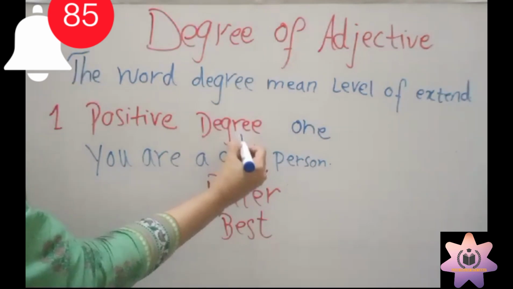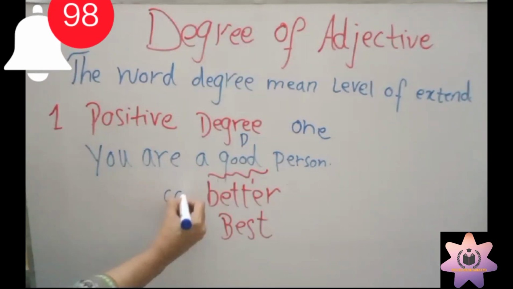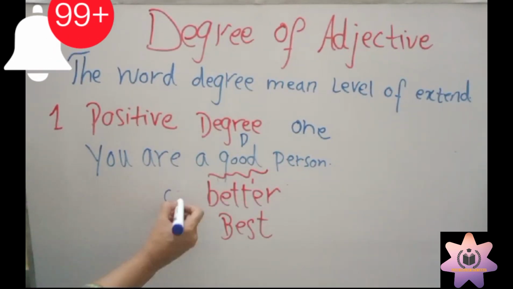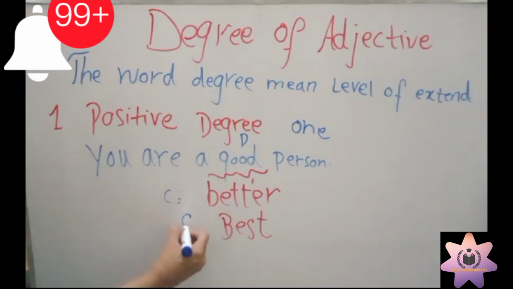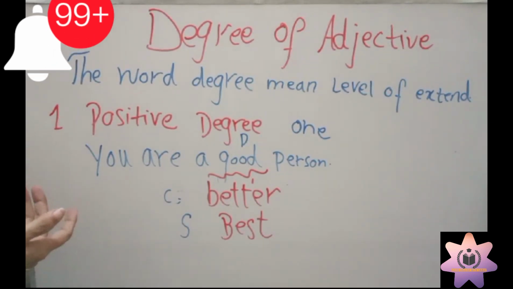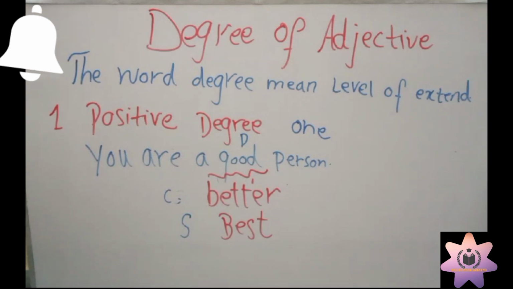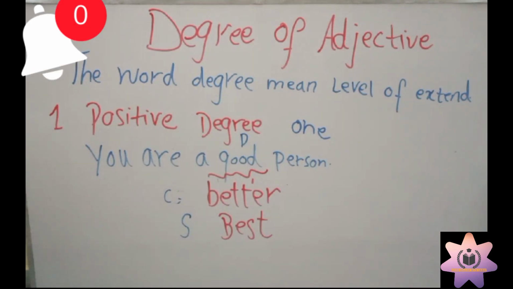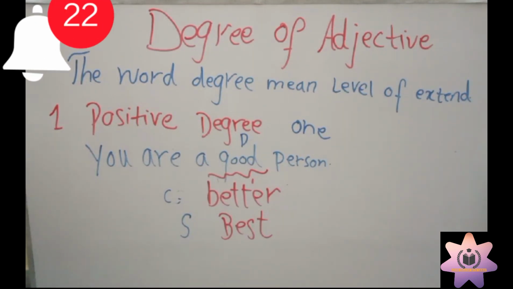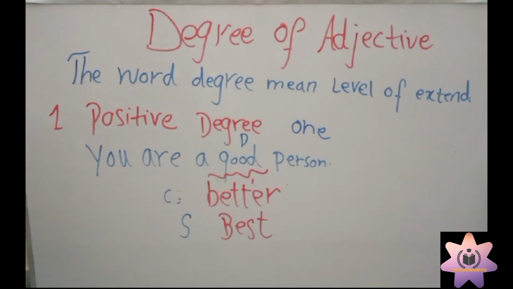Positive, comparative, I just write short, superlative. Good, better, best: these are called the degrees of adjective. So positive means you are a good person, she is a good girl. This is a positive degree.